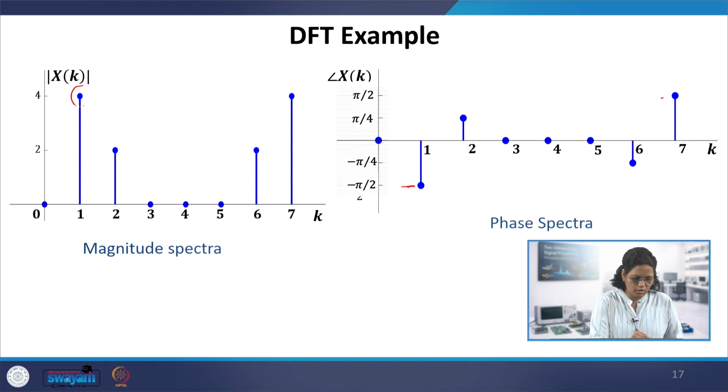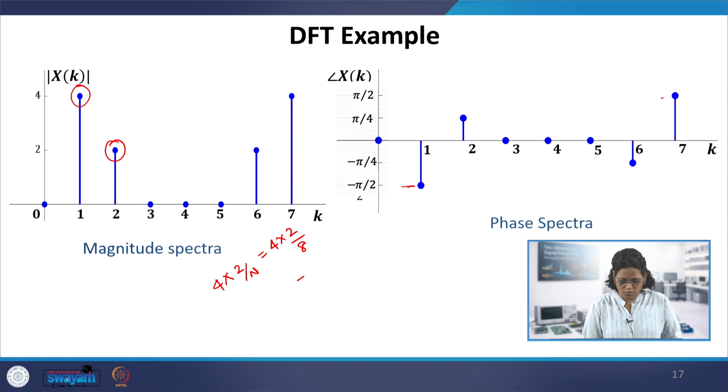So we got 4 here. What does it mean to get 4 in the fundamental? Our fundamental amplitude was 1, sine is 1 fundamental, and the second harmonic had 0.5. So how do we interpret the magnitude spectrum with the original signal present in it? This 4 is the fundamental, so it is 4 into 2 by n, which is 8, so we get 1.